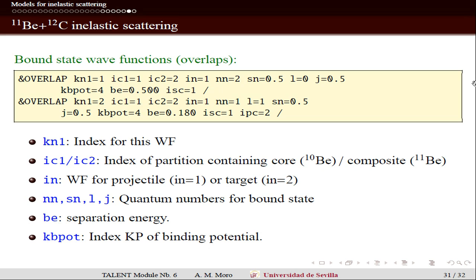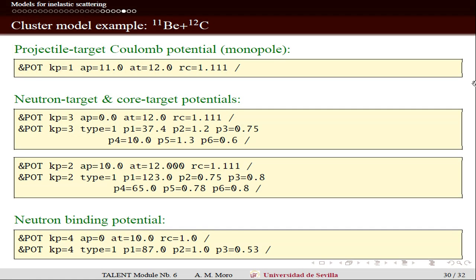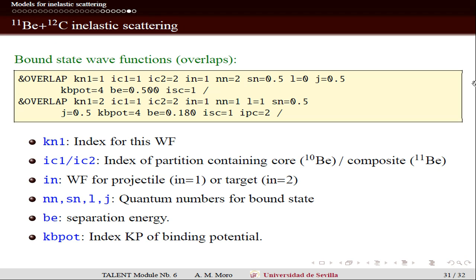This KB pot is the index of the binding potential that will be used to produce this bound state. Remember that we decided to label this with Kp equal 4, so we identify this in this namelist with this variable. Then the separation energy, that is 0.5 MeV, and maybe we can discuss this afternoon.